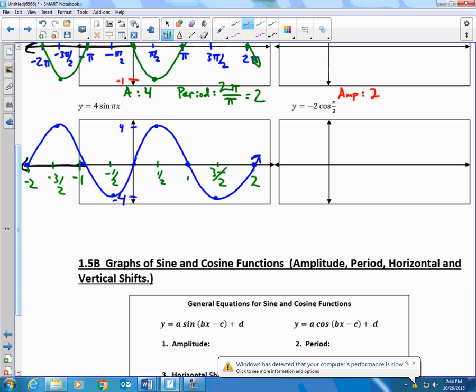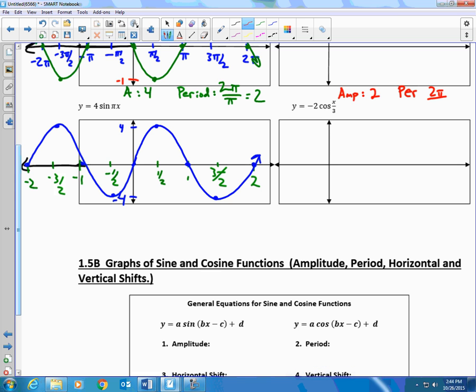It is +2. In order to find the period, I have to take 2 pi over 1. I won't write it like that. I'll confuse you. Okay. 2 pi, and I divide it by, kind of a trick, what's the number in front of x?